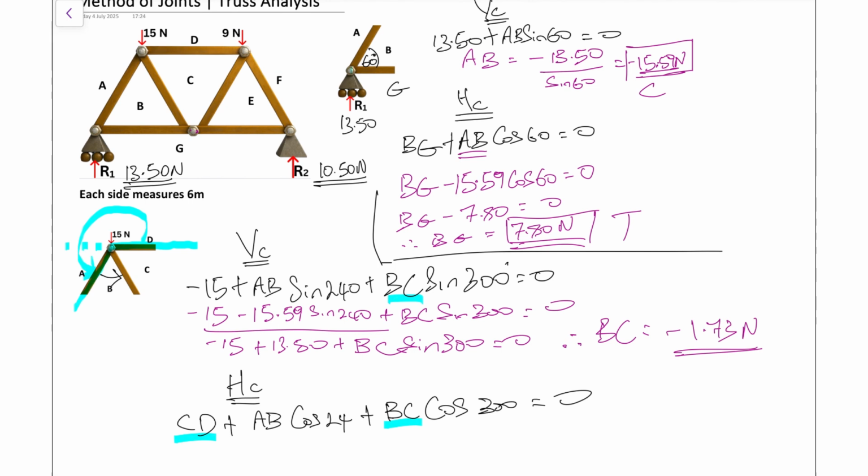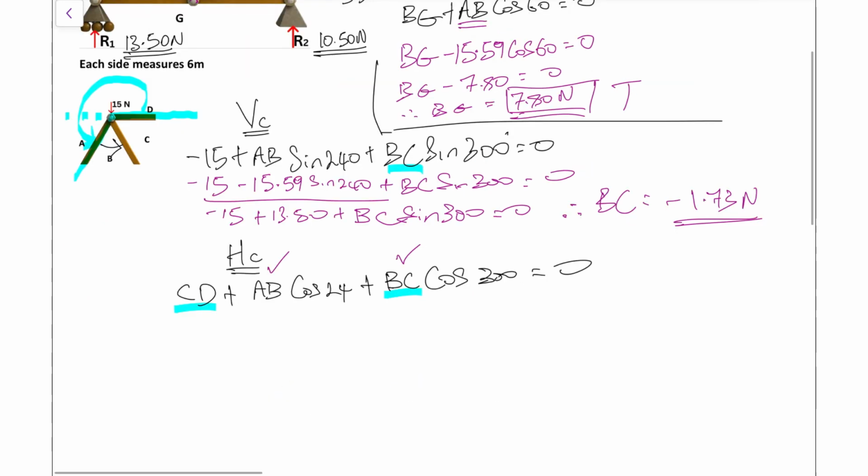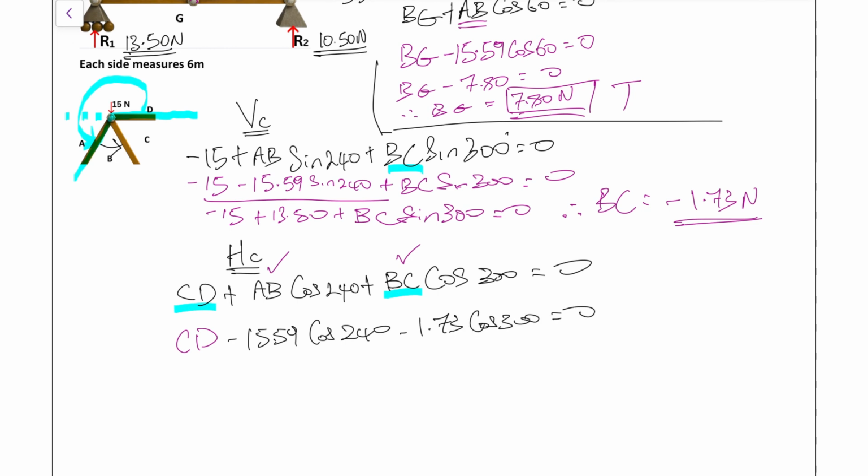So now we are going to solve the horizontal component bit, and we will now have only one unknown because we've just calculated BC and we already know what AB is. So for this one, we have CD, and for AB, once again, negative 15.59, and we're doing cos 240. We already know what BC is. BC is negative 1.73, and that's going to be cos 300 equals 0.